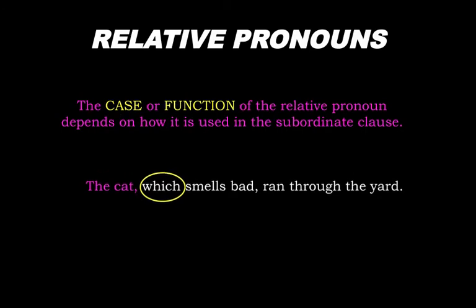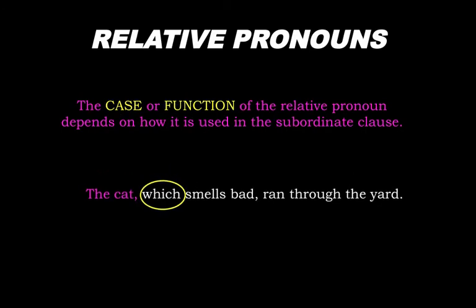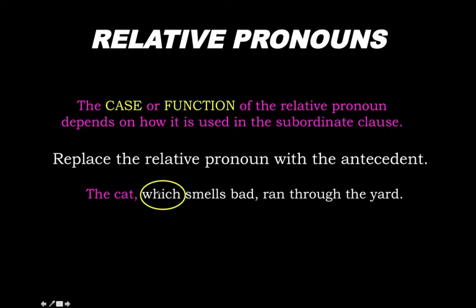Now the case or function of the relative pronoun depends upon how it's going to be used in that subordinate clause. And remember, by subordinate clause, we mean the part that can't stand alone as a sentence. So we're going to now break this down to figure out what case in Latin which would be. The first thing you want to do is replace the relative pronoun with the antecedent.